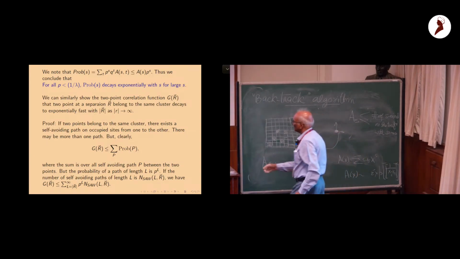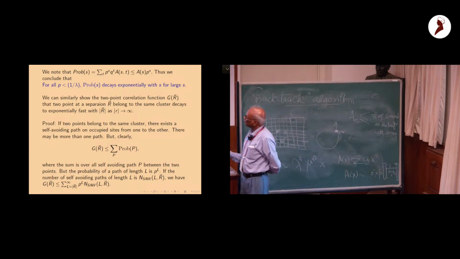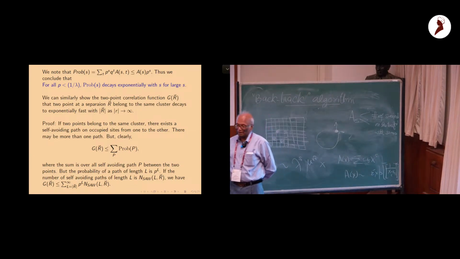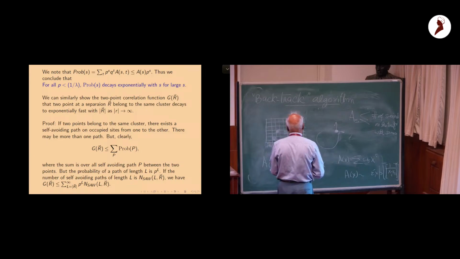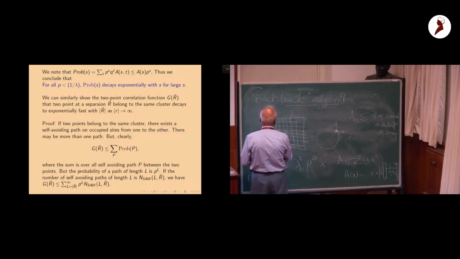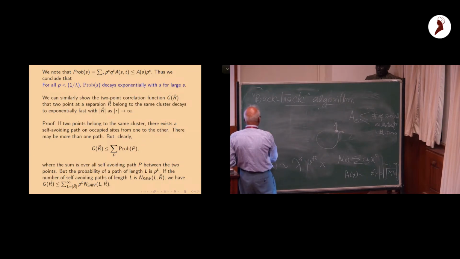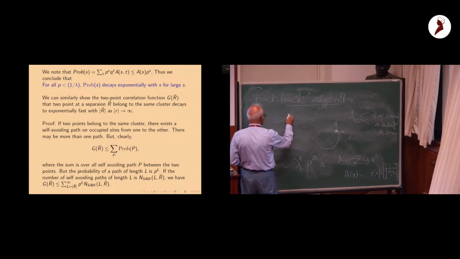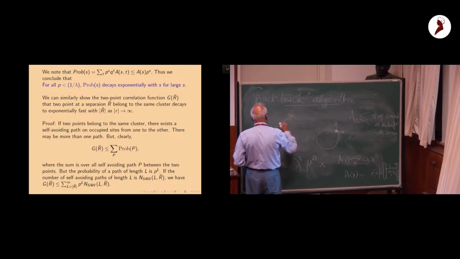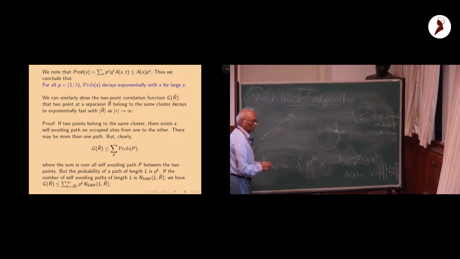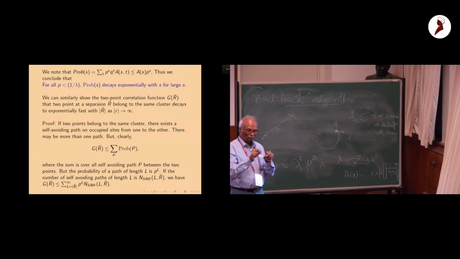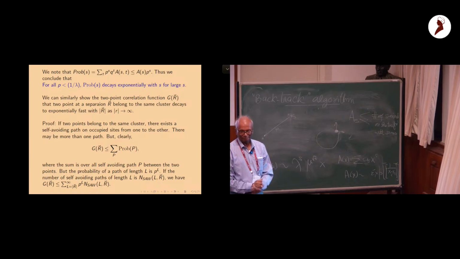Okay? All right. So now we can show the 2-point correlation function. If I take the percolation problem and take 2 points A and B, which are at a distance r from each other, what is the probability that these 2 points belong to the same cluster?